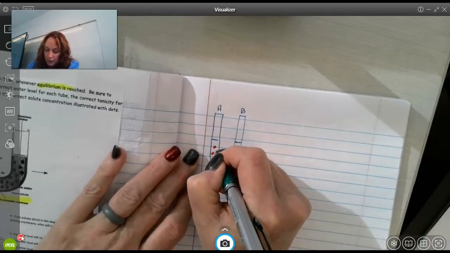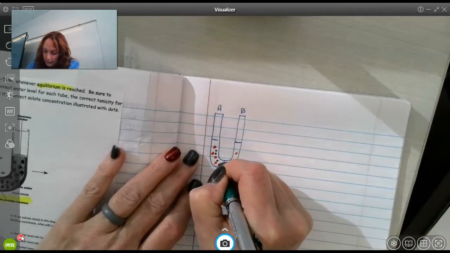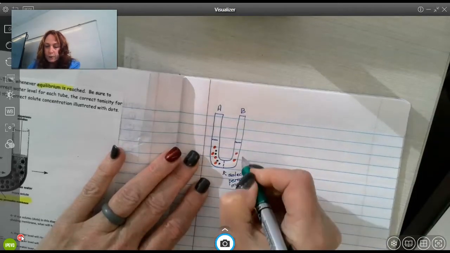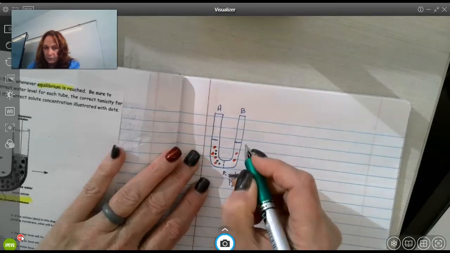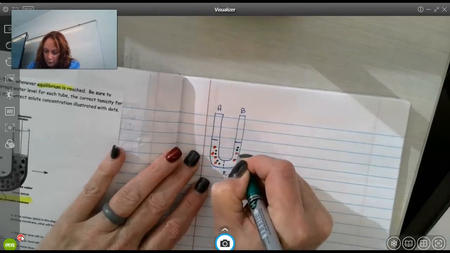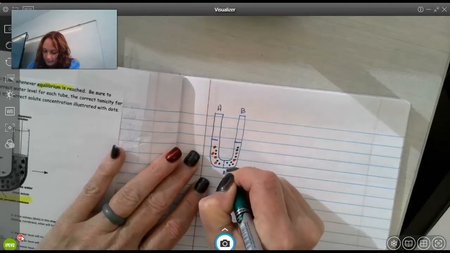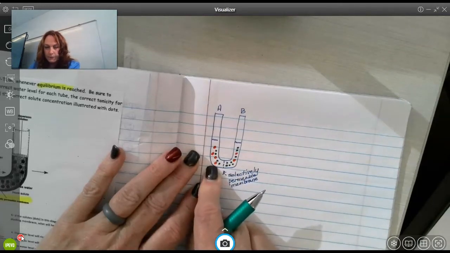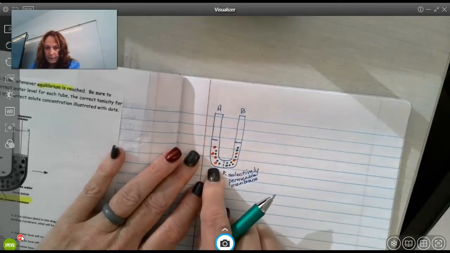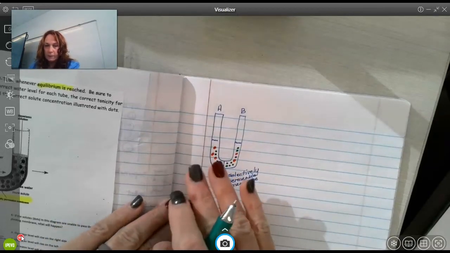So I'm going to put, let's put like 4. I'm going to put twice as much in B as I did A for concentration. And I'm going to represent that by putting 8 green and 4 green. 8 in B, 4 in A. Okay, so right now we haven't talked about molarity, nothing.